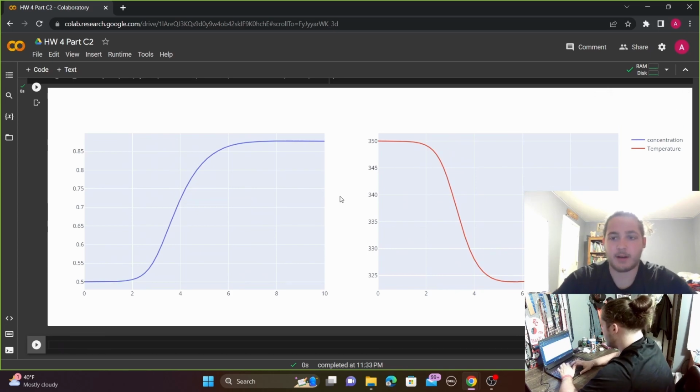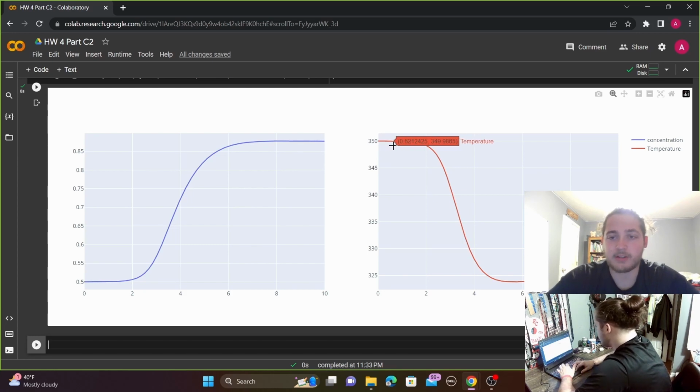So here are our two plots of our concentration and temperature. As you can see, as it is going down, it slowly starts to increase, and then it rapidly shoots up, and then it starts to reach a steady state and starts plateauing around the value of 9 towards 10.